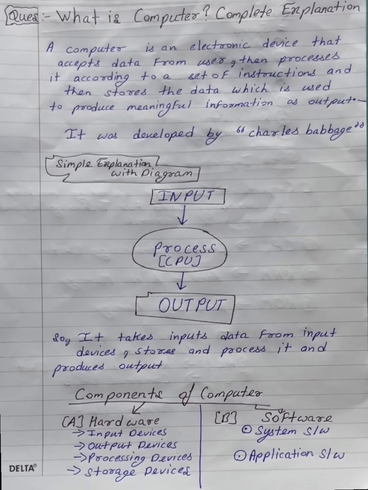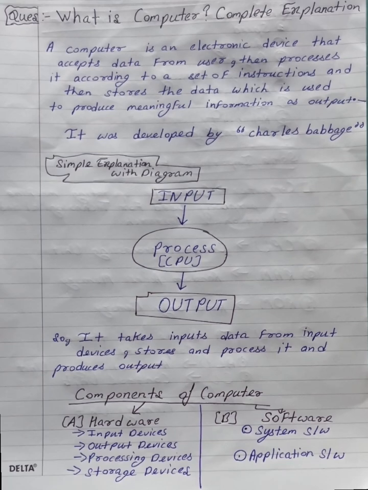So now let's talk about the components of a computer. So guys, a computer is made up of several components that work together to perform different tasks, and a computer cannot function properly if any of its major components are missing.